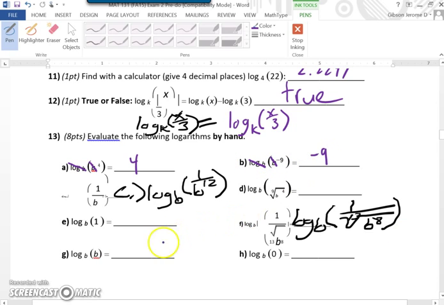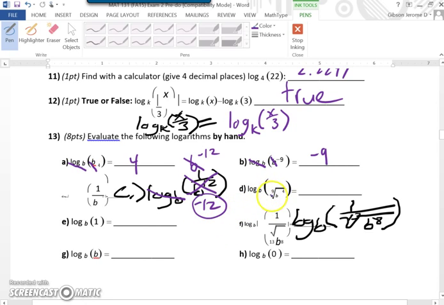The exponent is left. Now c, we have log base b of 1 over b to the 12th. Now we could rewrite 1 over b to the 12th to be b to the negative 12. So these log b's would simplify out, and your final answer would be negative 12. Does everyone follow that?